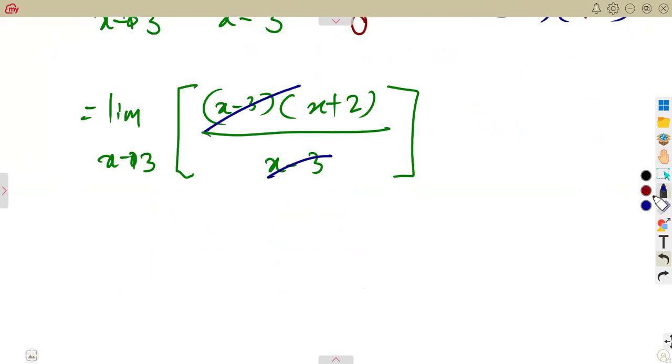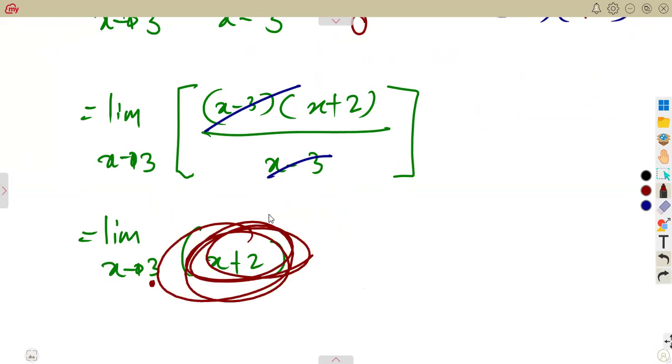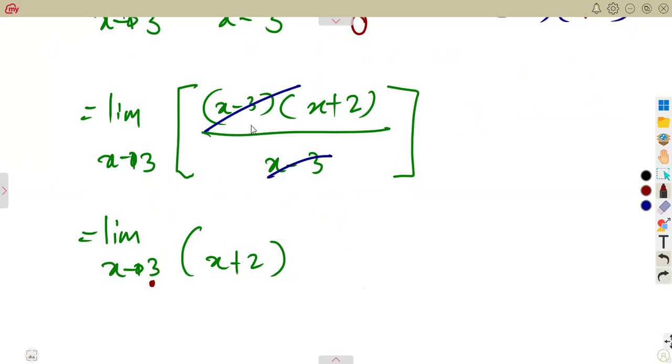That means we are left with the first type of question that we had previously. We're just left with x plus 2. So the limit as x approaches 3 is what? We can substitute. This is no longer a fraction where we test infinity over this. So in place of x, just substitute a 3.